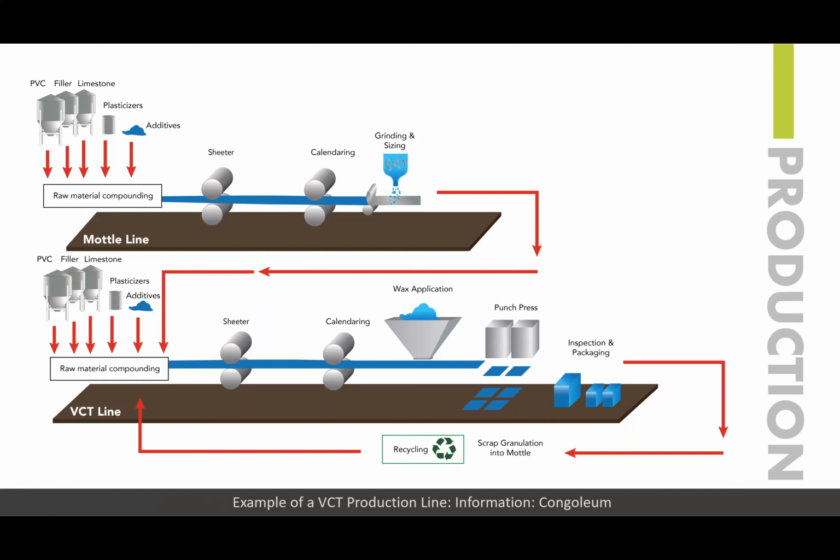VCT is a mixture of natural limestone, filler materials, thermoplastic binder, and color pigments. It's made by fusing those chips into solid sheets, and then cutting them into tiles. VCT requires layers of polish to protect its porous surface, because limestone is the main ingredient utilized in VCT.